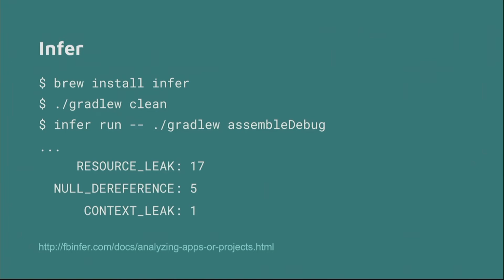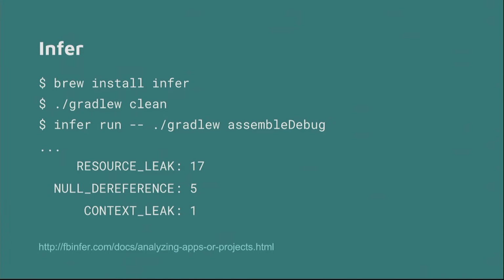Actually, the main types are resource leak, which means there is something like a cursor or an input stream which is not closed. Another thing checked by Infer is null dereference. You will not have this problem in Kotlin, but in Java you may still have it.